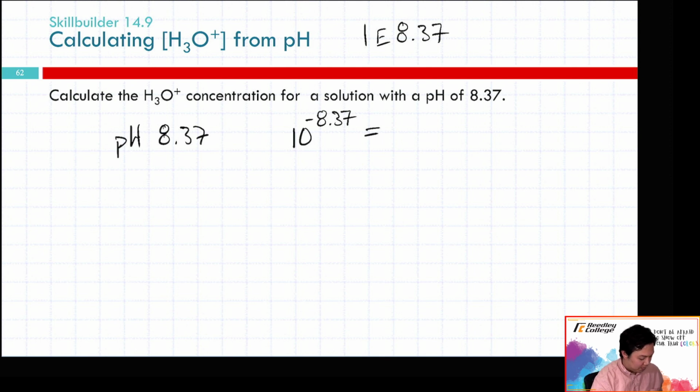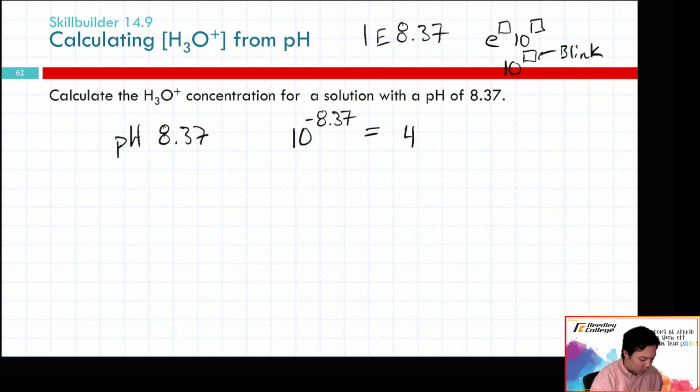Instead, there is a small button that looks like it has an E with a square and a 10 with a square. If you press that button twice, that will give you a readout that looks like 10, and then there will be a box that blinks, and that's where you're going to fill in the negative 8.37.